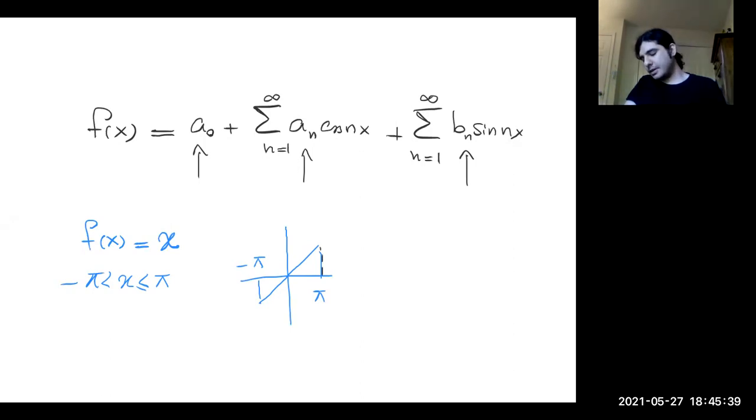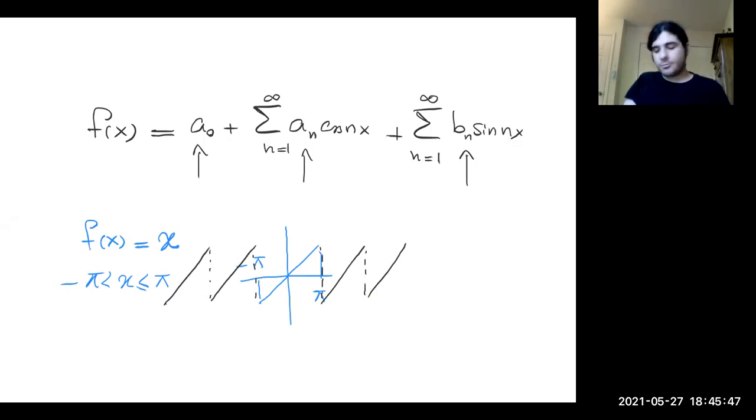I would repeat just the same graph over and over again. I would get a periodic function, which is not even continuous, right? So the question here is: can I choose these constants a0, an, and bn such that this sum would be equal to f? Is that possible or not? That's the main question of the Fourier series.